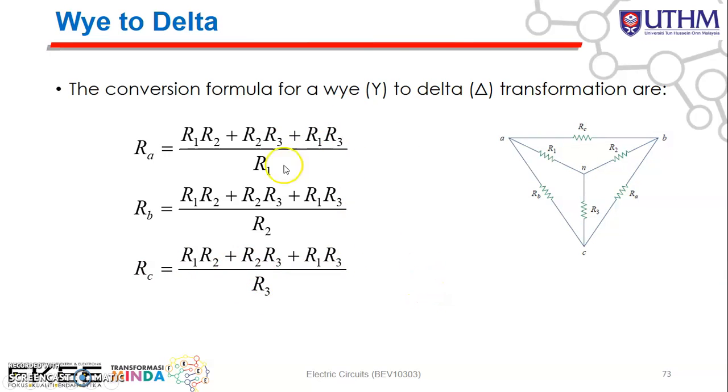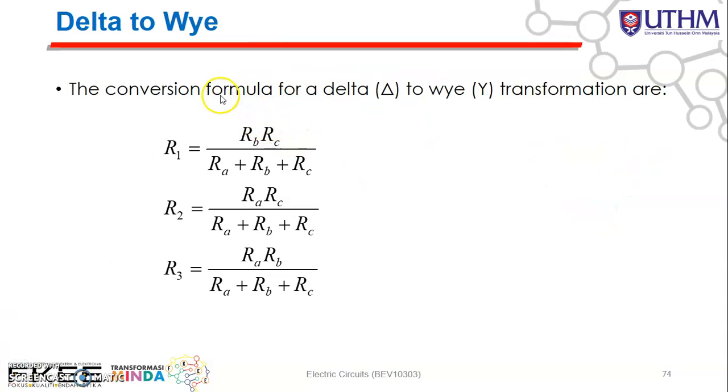Later we are going to see in detail an example of how to do the conversion. For the time being, we just need to understand how to memorize the equation. All right, so this is the conversion from Y to delta.